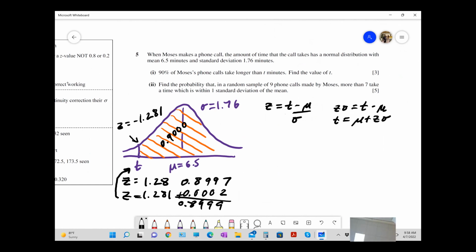Okay, that's fine. But if you look at the mark scheme, this is part 1. Still part 1. Standardizing, 1.28, plus or minus 0.1. They give you some wiggle room. But it doesn't matter, because nobody can say that you don't know what you're doing.